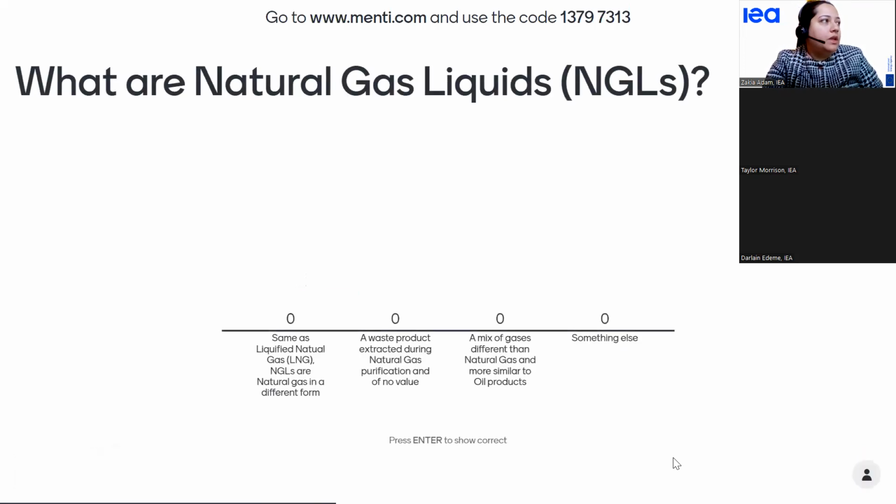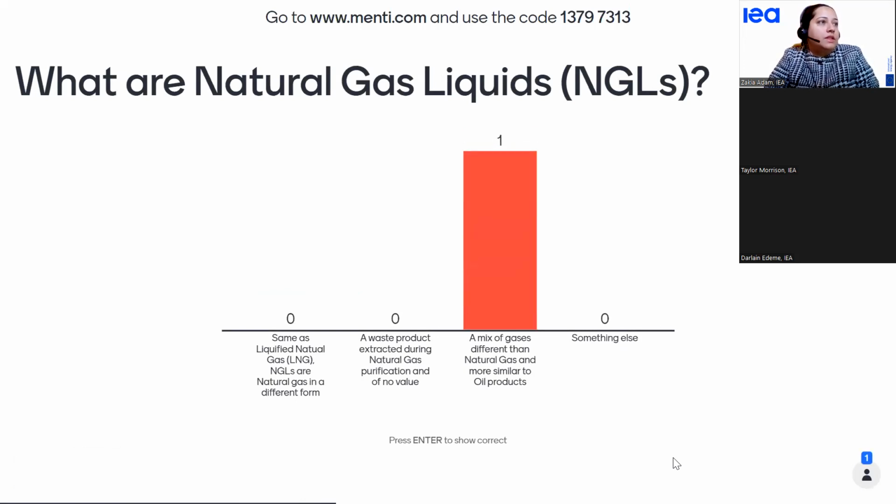Next question, what are natural gas liquids? So is it the same as liquefied natural gas, LNG? So are NGLs the same as natural gas in a different form?